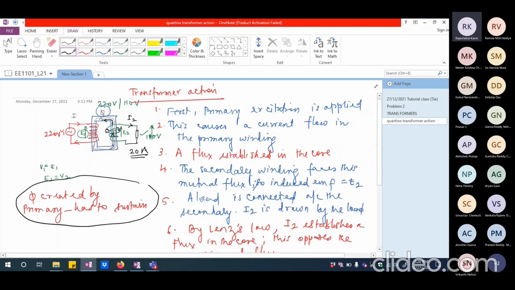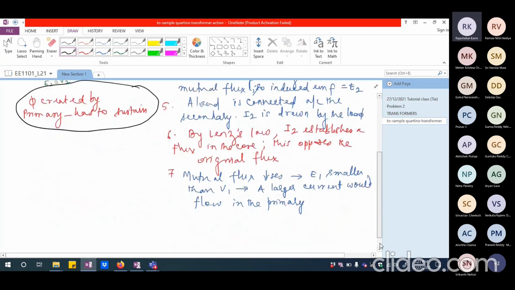If the flux has to sustain, if this is taking 20 ampere, whereas this was taking only about 0.2 ampere, now this current has to almost rise to the same value as that of this, or at least I should have the MMF from this side equal to the MMF from this side. Both MMFs almost have to be equal to each other so that the original flux survives.